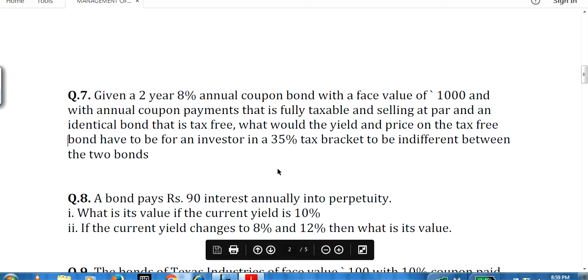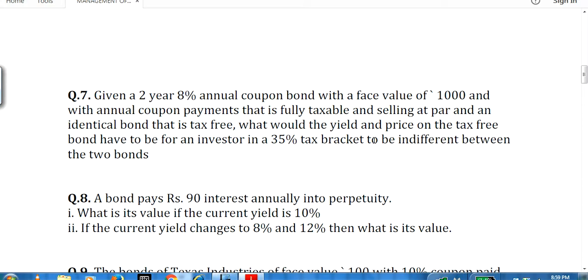Again, read it again: the coupon, whatever you receive, is fully taxable, selling at par; the identical bond is tax free.